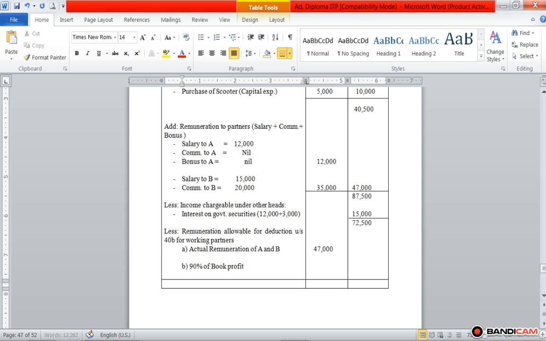So here book profit is equal to 87,500. Here it is a book profit. We forgot to give a name to 87,500. It is a book profit of the firm, that is 87,500.